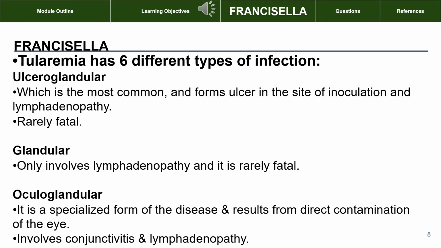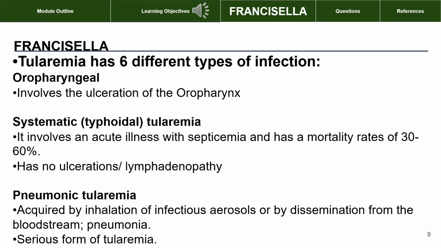Next, we have oculoglandular. It is a specialized form of the disease and results from direct contamination of the eye. So it involves conjunctivitis and lymphadenopathy. Next, we have oropharyngeal. It involves ulceration of the oropharynx.